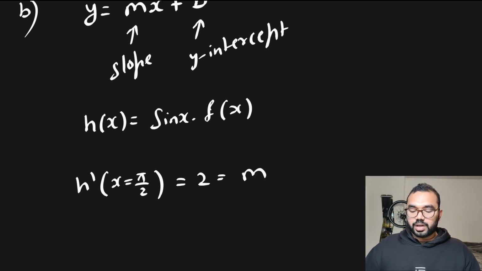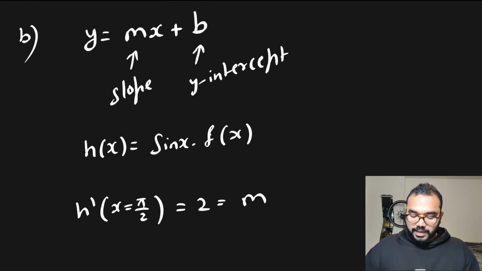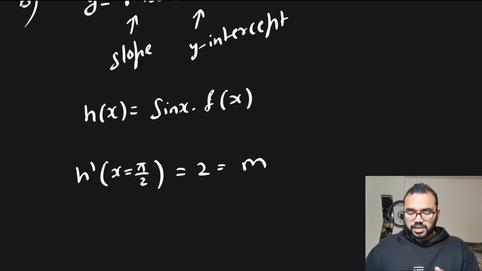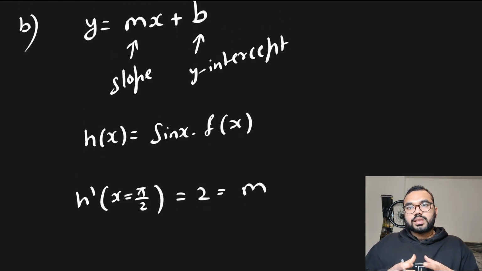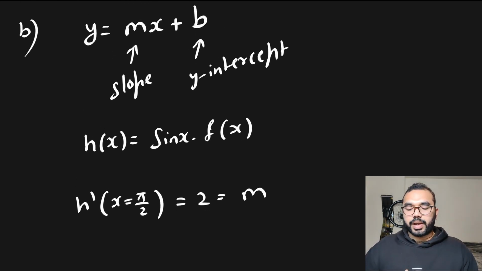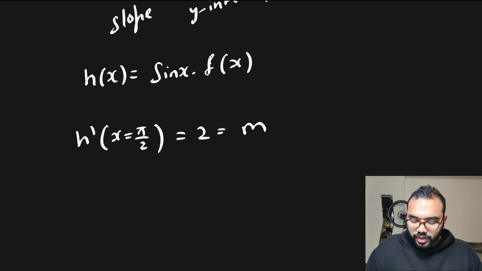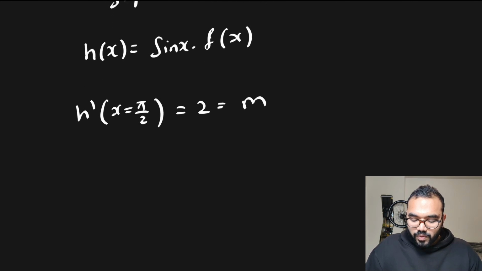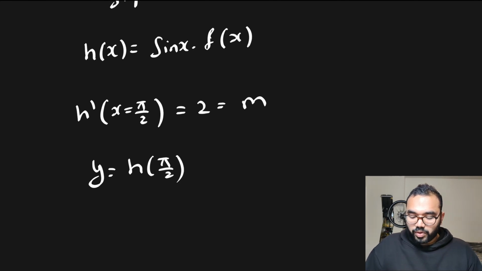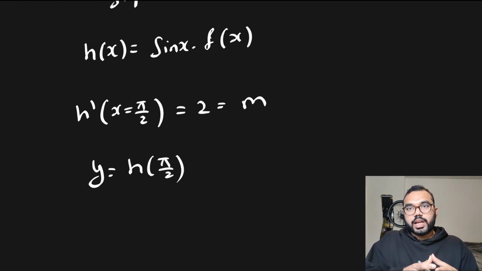Okay, now we have the slope and we have x equals pi over 2, but what is y? What is the y coordinate at x equals pi over 2? Y is nothing but h of pi over 2, because x is pi over 2 and we want the y coordinate of the curve, which is h of x.